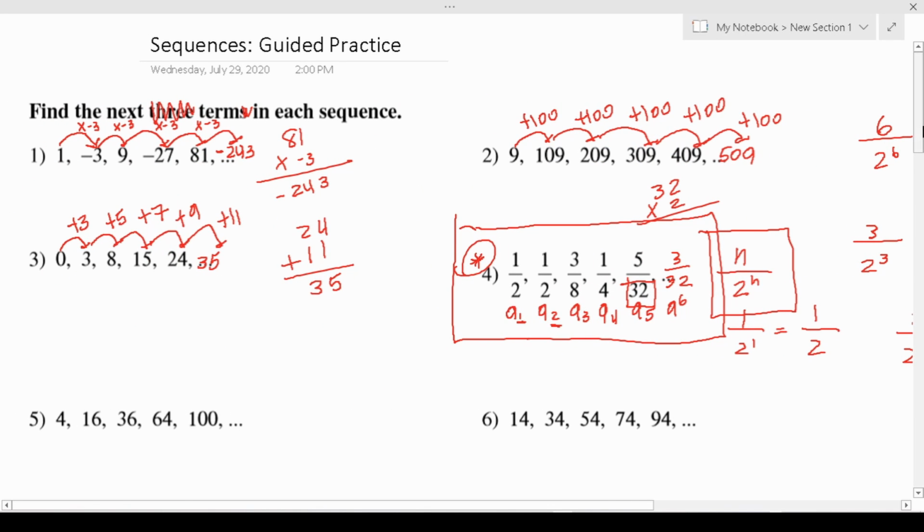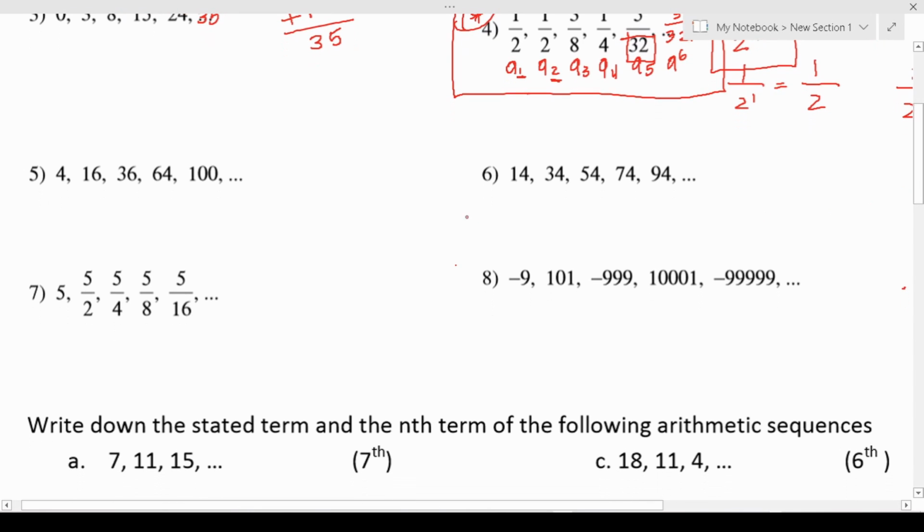All right, let's move on to number 5. Let's see if we can figure out what's going on with this pattern. We go from 4 to 16 to 36 to 64 to 100. This one should be pretty easy to see, given that these are all perfect squares.